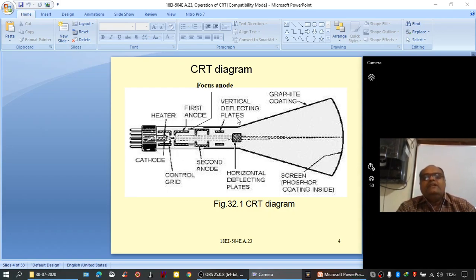Here, the vertical plane is provided with the amplified input voltage. External input voltage is amplified and that is applied as input to the vertical deflection plates.